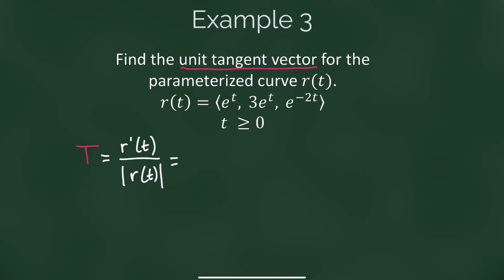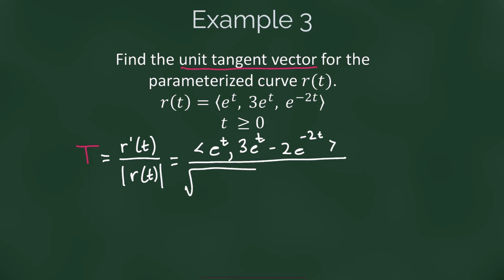So we're going to take r prime of t, which is going to be e to the t, 3e to the t, and negative 2e to the negative 2t. And then we're going to divide that by its own magnitude. Well, the magnitude of that is the square root of e to the t squared, which is e to the 2t, plus 3e to the t squared, so that's 9e to the 2t, and then plus, when we square the last term, we get 4e to the negative 4t.